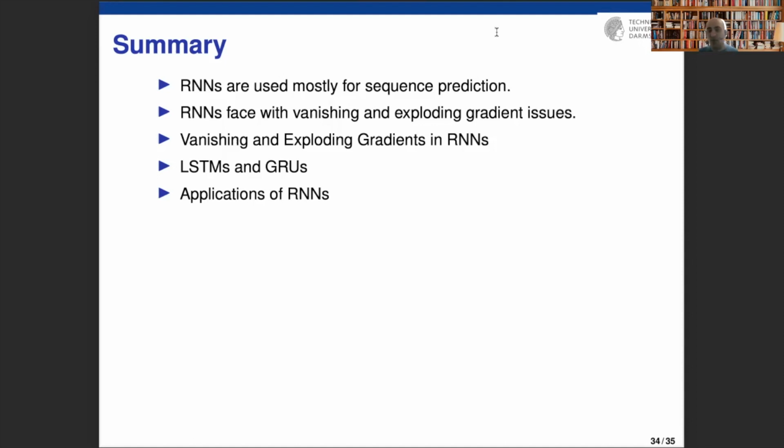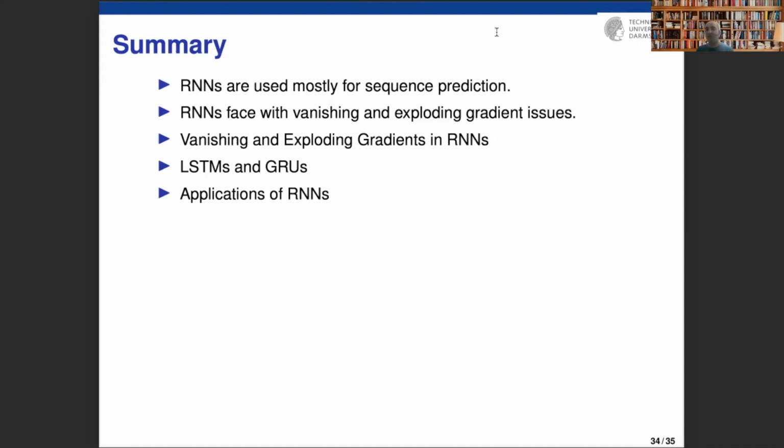And when you want to have the output representation at each time step, where the output is conditioned on the current input and previous tokens or previous steps, we usually use RNNs. RNNs face vanishing and exploding gradient issues, like multi-layer perceptrons, when we have very, very deep architectures.